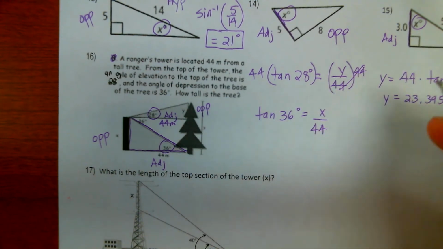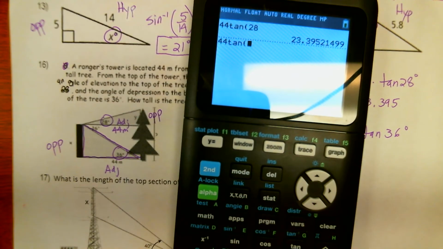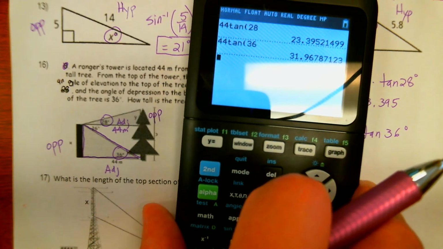The variable's on the top, so I'm going to multiply. So x is going to be 44 times the tangent of 36 degrees. That comes out to be 31.968.